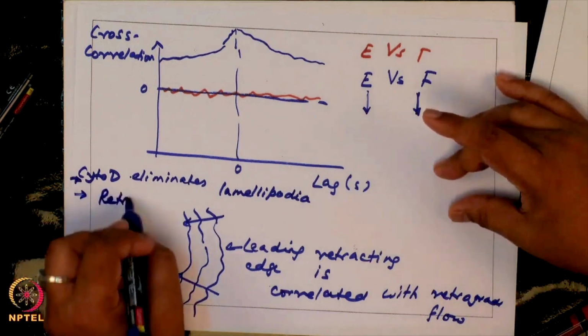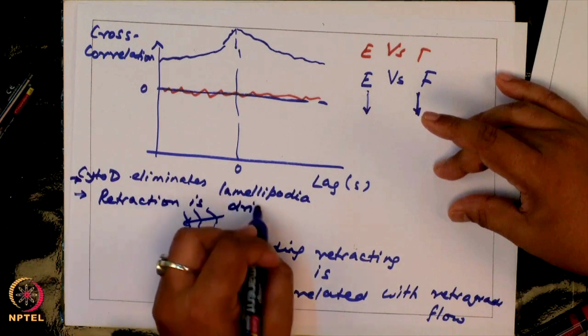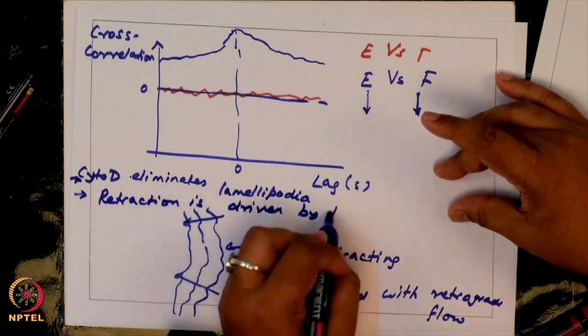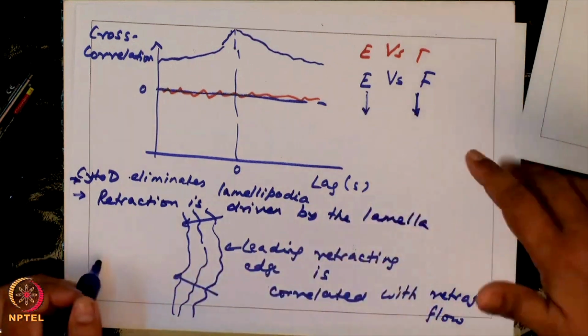Retraction is driven by the lamella. You have myosin 2 in the lamella which is pulling the filaments back. So, earlier you had two components. At the leading edge, that pushing back was provided by the membrane. When you eliminate the lamellipodia using cyto D, what you are left with is retraction of the cell edge that is driven by the lamella.